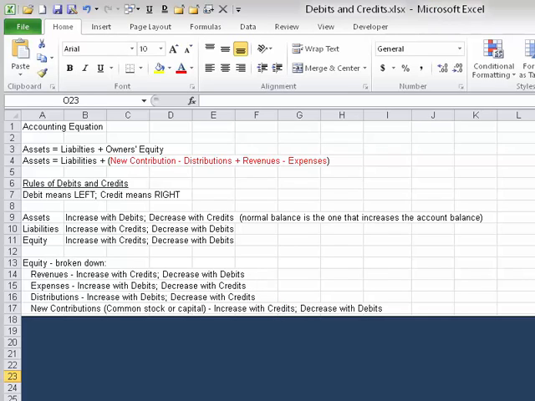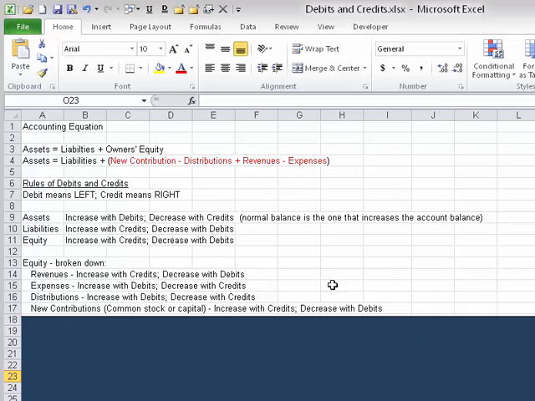And then finally, we have new contributions. This is where owners put more money into the business, or in the case of a corporation, we have an initial public offering, or it's the point where a private company receives money from whoever the shareholders are. So what we see here is an increase with credits and a decrease with debits.